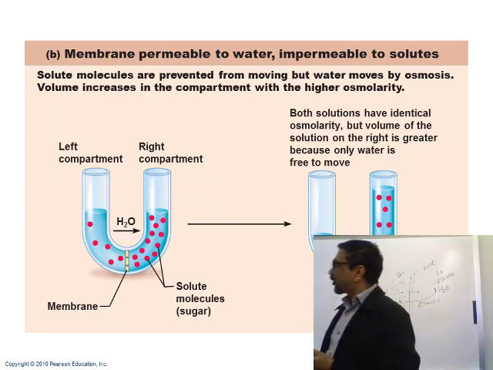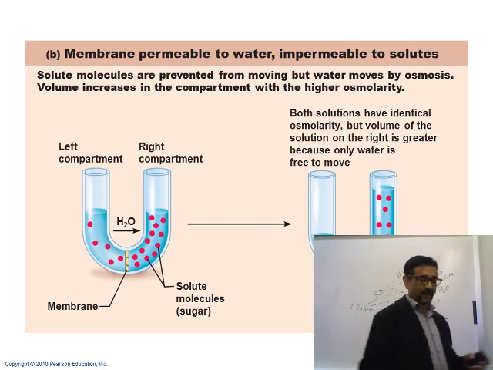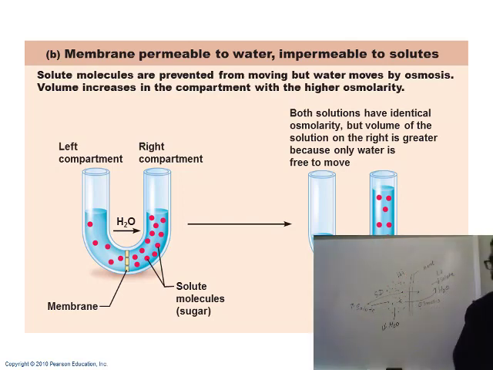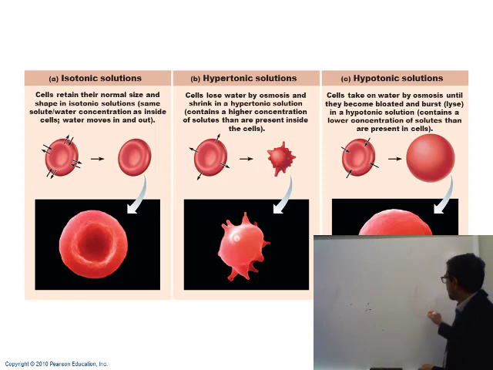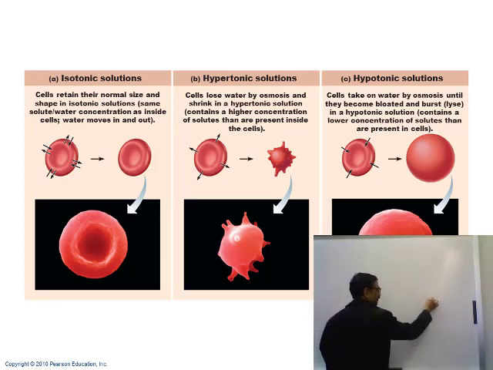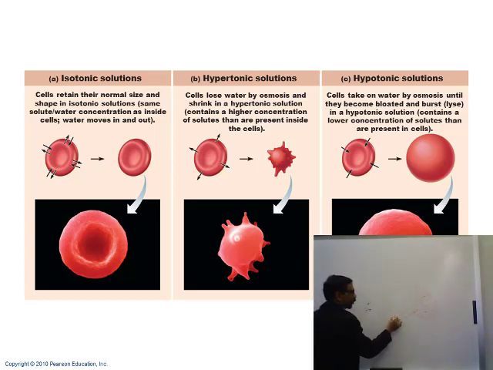The response of a living cell in 3 different solutions. Now, if you put a living cell in a solution, this is the living cell, and this solution is hypotonic. Hypo means less or more? Less, right? Hypotonic.